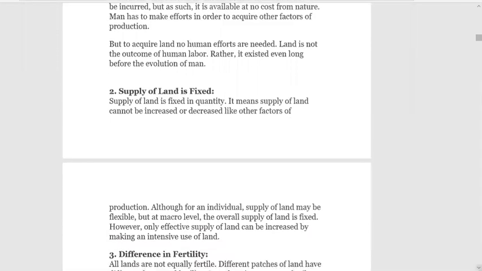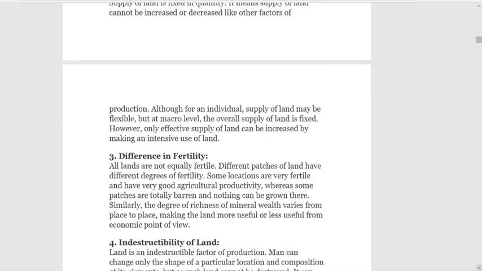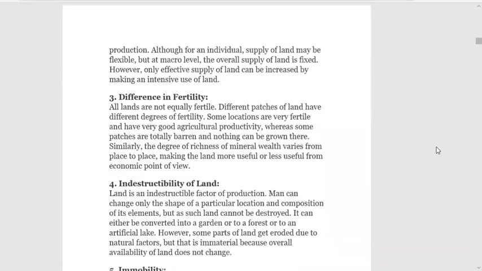Supply of land is fixed. As I mentioned earlier, you cannot produce land. It's a gift of nature. It's fixed. And we have to use that land as per our requirement. Then, difference in fertility. You may find in some land, the agriculture grows like anything.